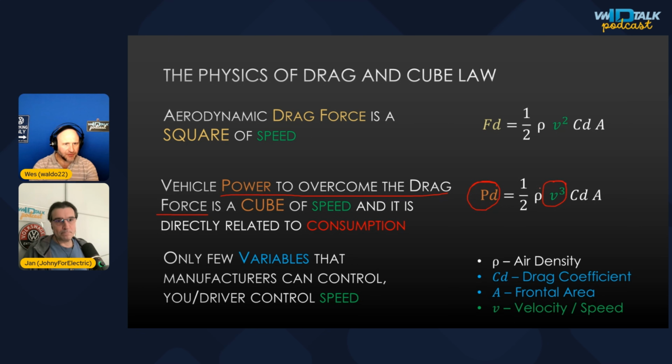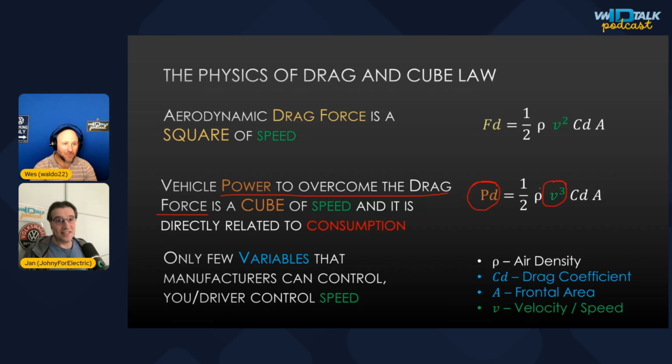So the force of the drag varies with the square of your speed, but the power required to overcome that force varies with the cube of your speed. What does that mean exactly? If you go twice as fast, instead of four times the force, it takes eight times the power.